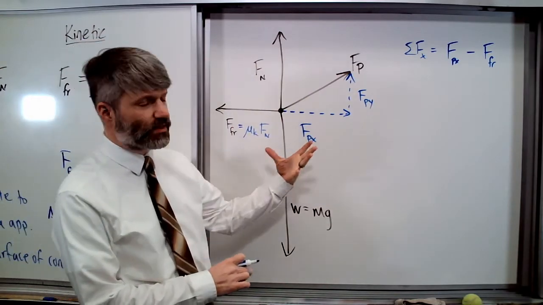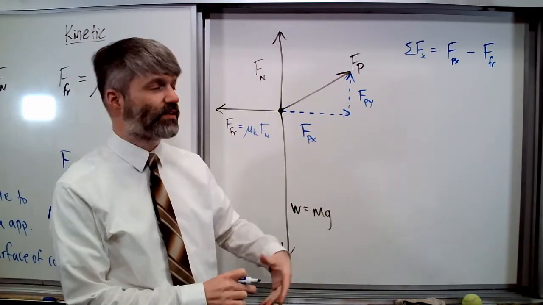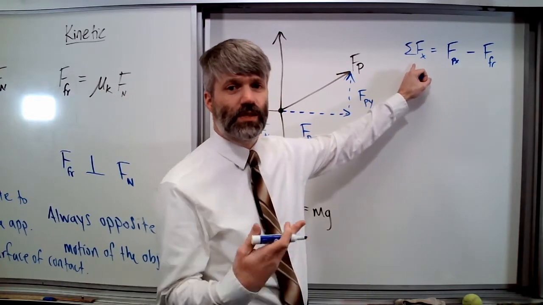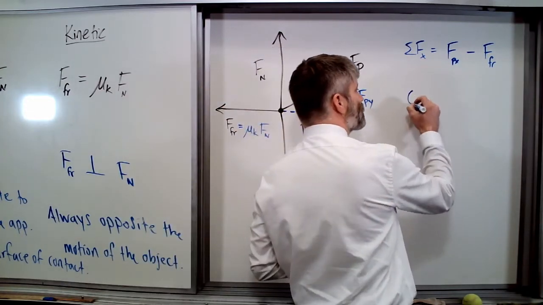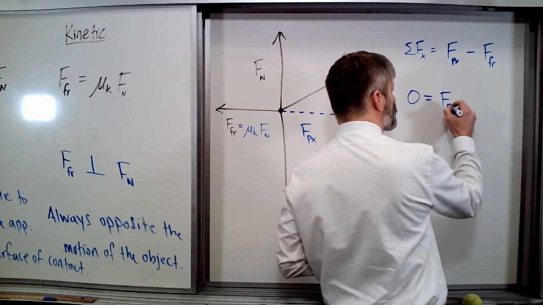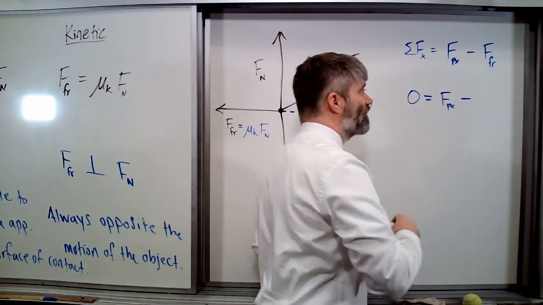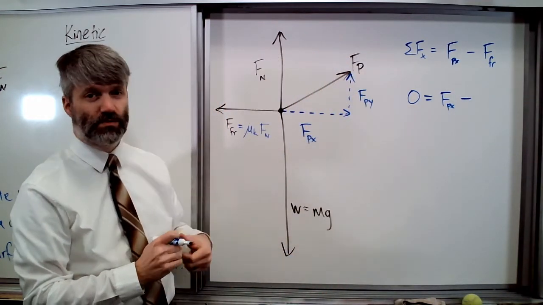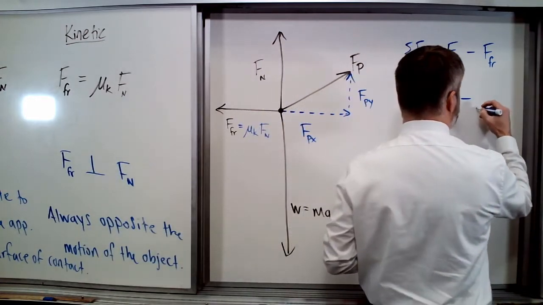Now, we know that the object is not accelerating, so these have to be balanced, and the sum of the forces has to be 0. So we've got 0 equals F_Px minus, we also know that the force of friction is mu k times the normal force.